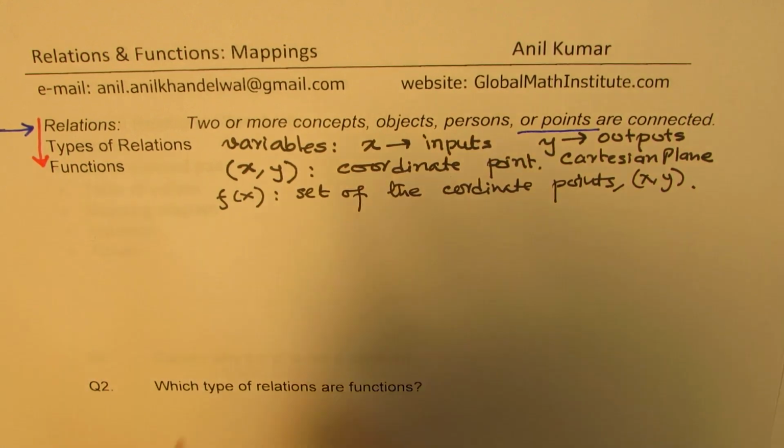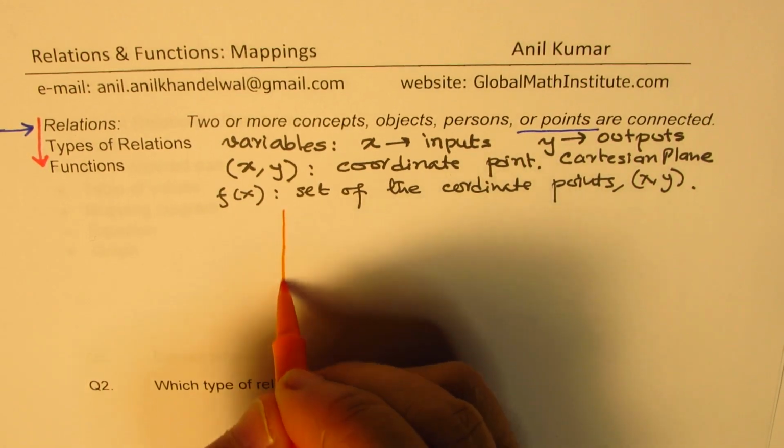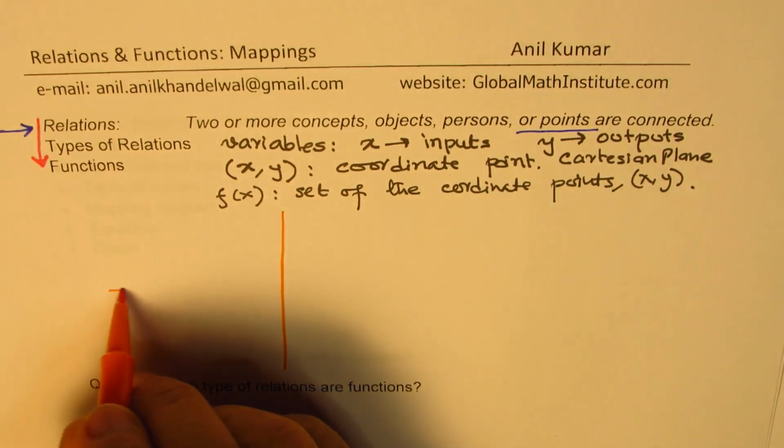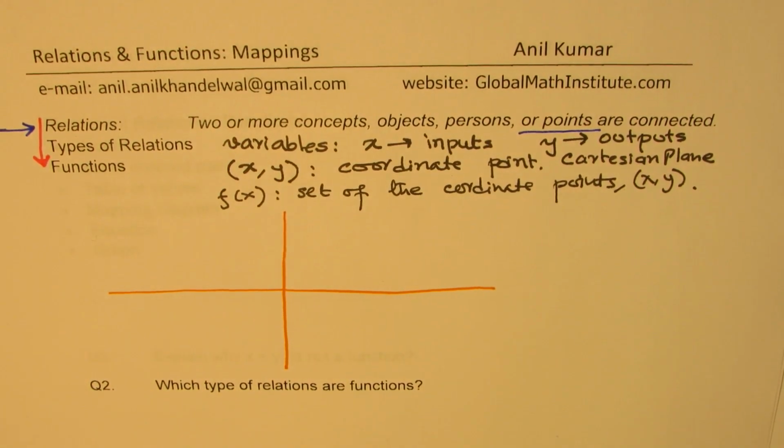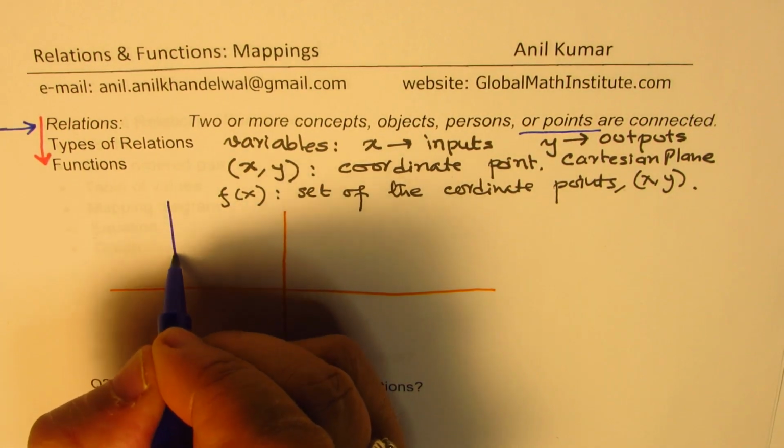Let me divide this page into 4 parts, since broadly speaking, there are 4 types of relations. I will now sketch simple graphs to represent these types of relations.